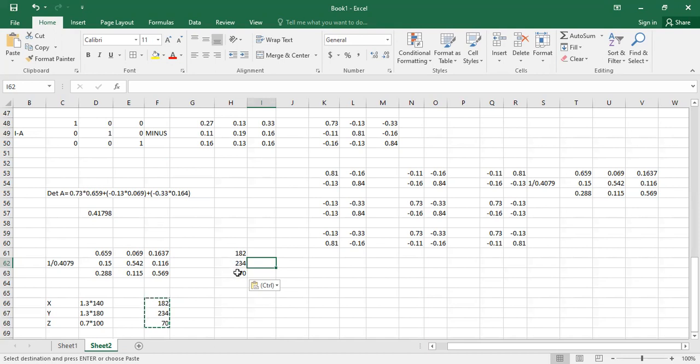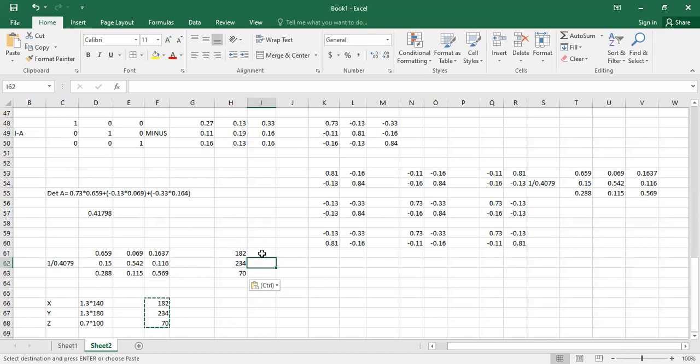That is the first one. The second one is 0.15 multiplied by 182 plus 0.542 multiplied by 234 plus 0.116.